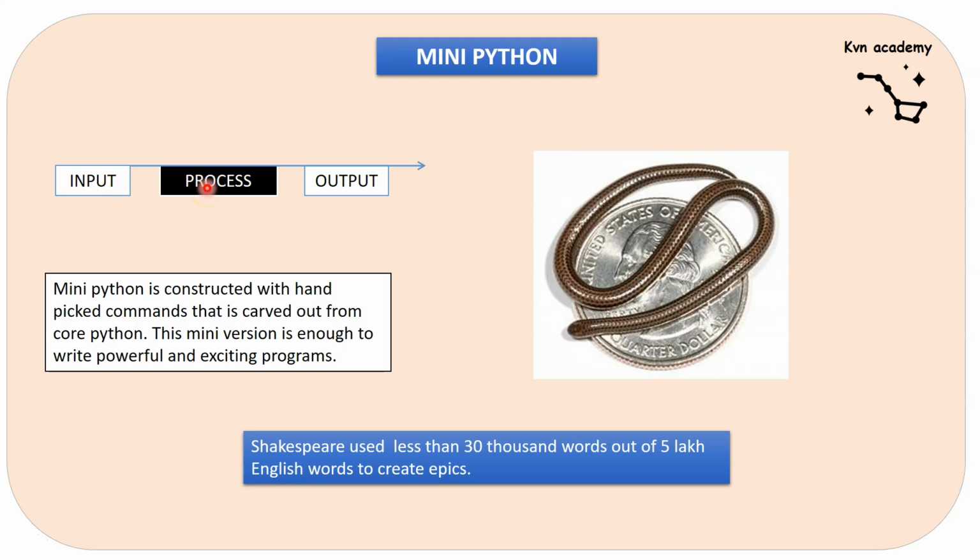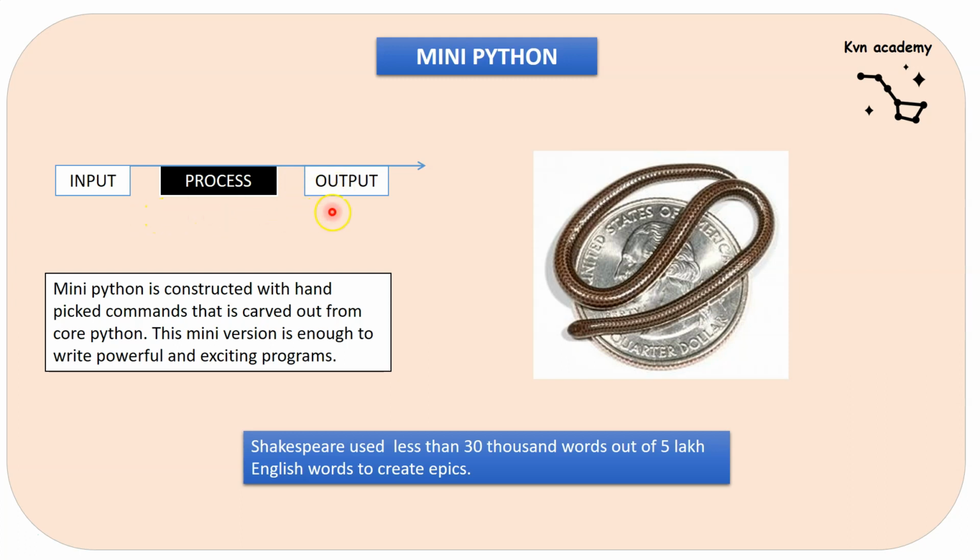Also, we selected some statements for process. Actually, we identified 3 key processes and we selected relevant statements for these 3 processes. And also we selected some statements for output.